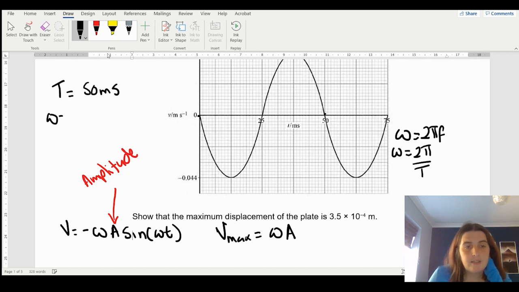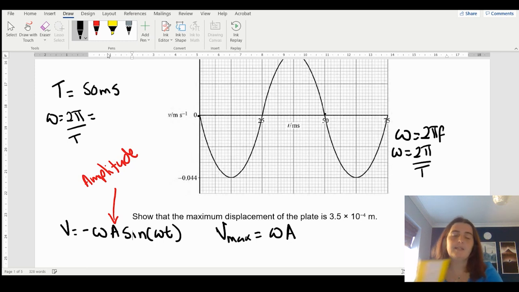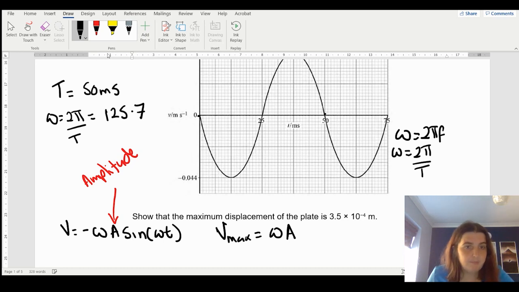So omega is 2 pi over T. Grab a calculator. So 2 pi divided by 50 times 10 to the minus 3. So that's going to be 125.7. And my maximum V, of course, is 0.044.